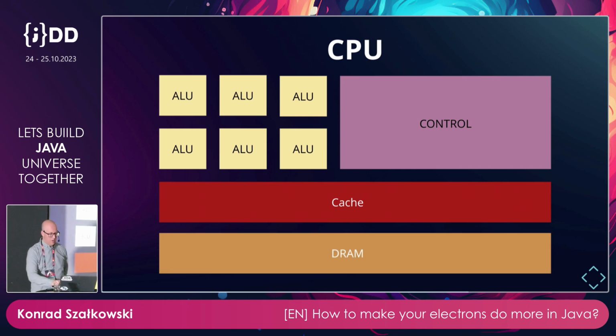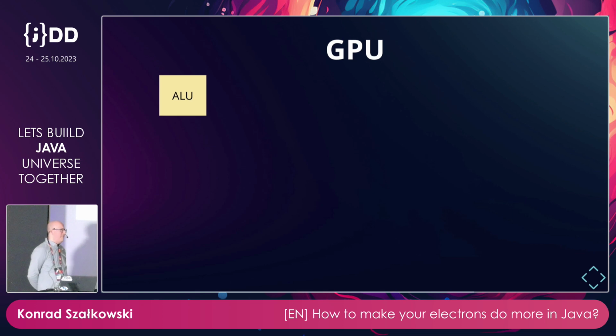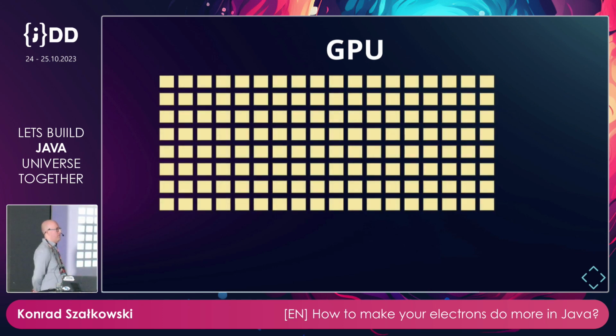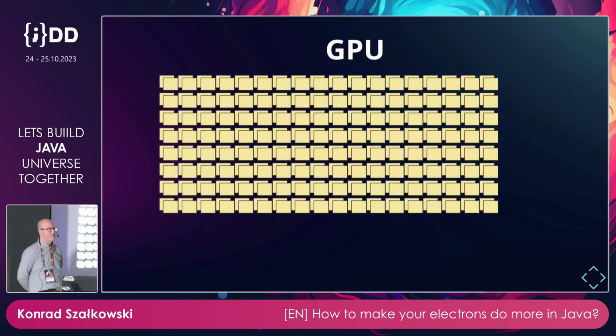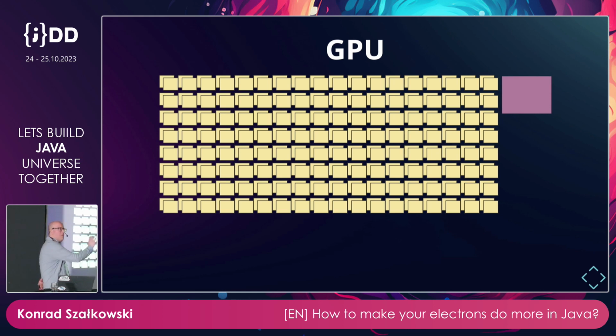While on your GPU, things look pretty much the same. However, you do not have 4 or 6 cores. You have thousands of cores. Right now, I think for the latest 4,000-series NVIDIA it is around 3,000 GPU cores on the chip. But these cores are purely focused on computing. Therefore, they do not need a big control unit.